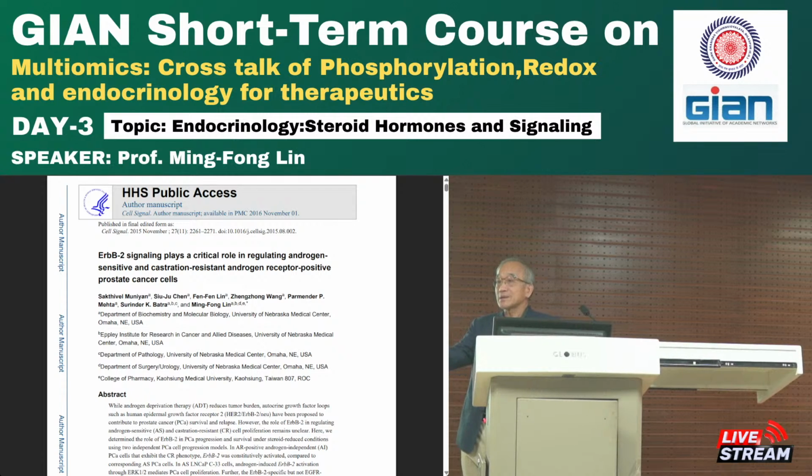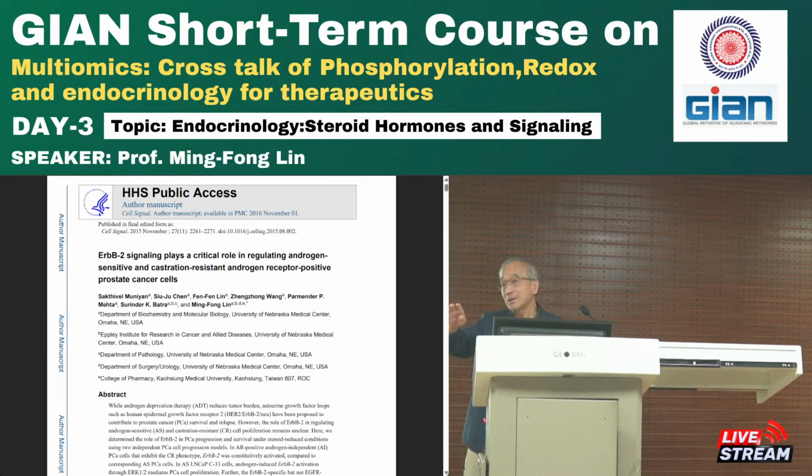Then when the cancer comes back, relapses, and metastasizes, at that time the gold standard of treatment is androgen deprivation therapy. We remove the androgen, either surgical castration, just remove the testes, or we use a chemical castration. We give the patient anti-androgen. Then the tumor will suppress.